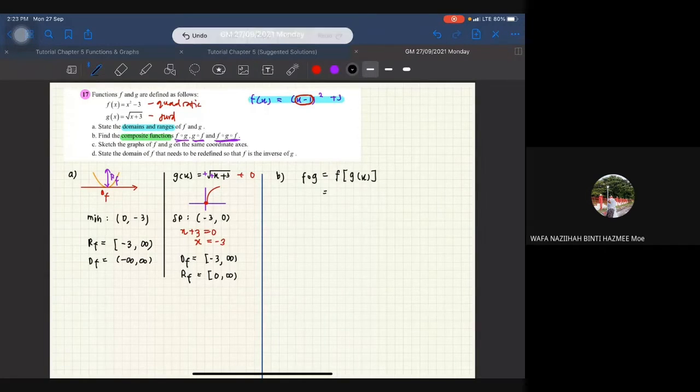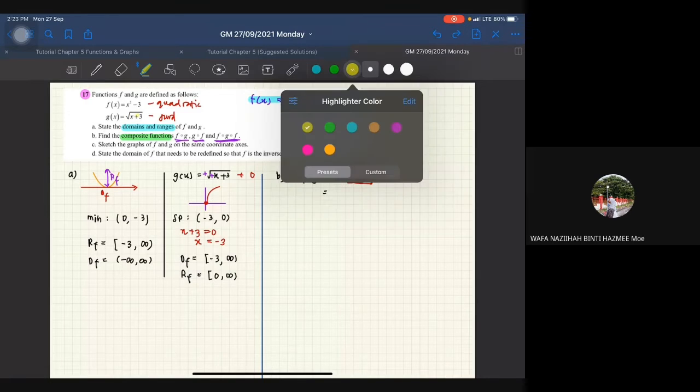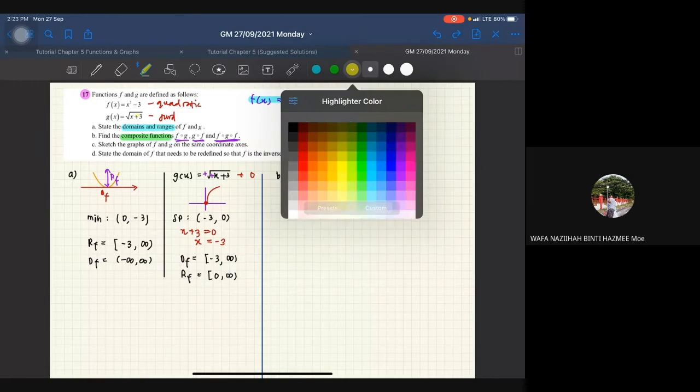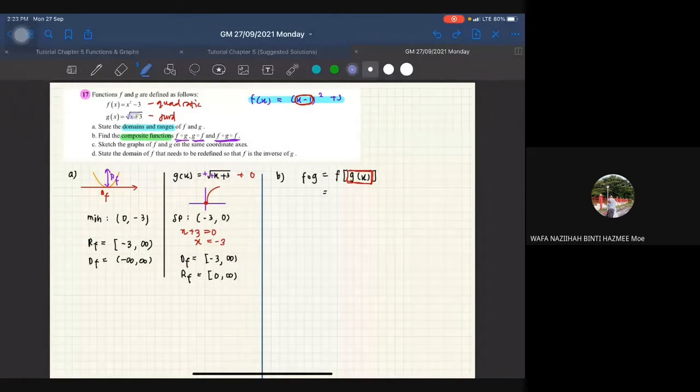Okay, so like this. Alright, so first thing, you replace the function inside here with g(x). What is our g(x) right now? Our g(x) is the third function. So you replace it. Wait, I'll use another color. This one. Okay, so you replace this one and bring it in here. Okay, so what will you get?